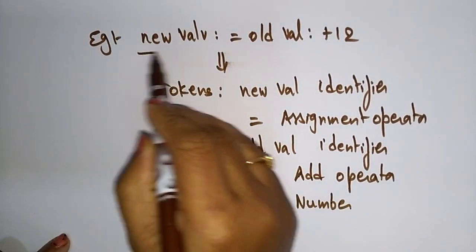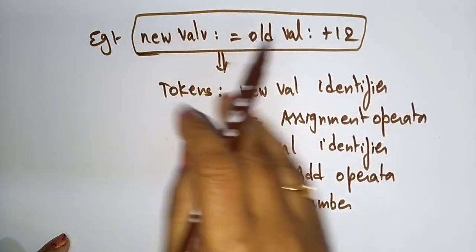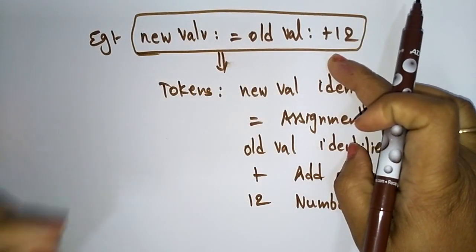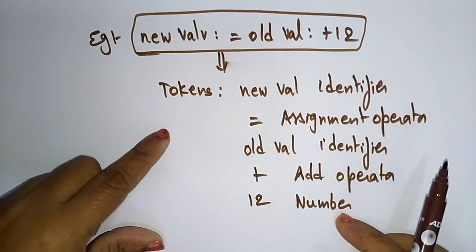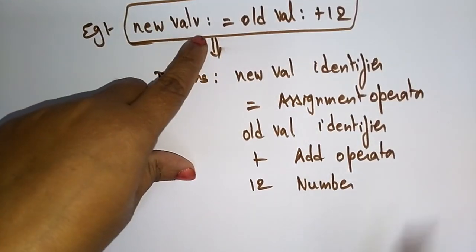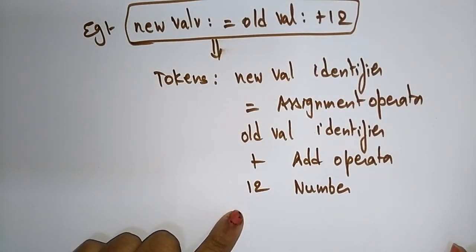So the lexical analyzer converts the statement into tokens, and each one is represented as a token.